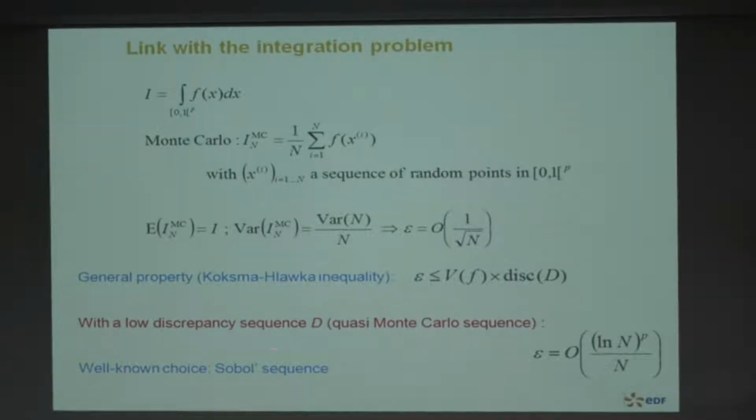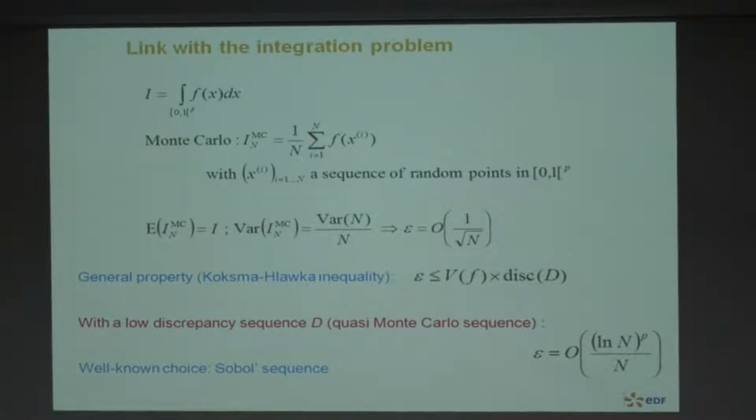What we know is that when we have a low discrepancy sequence, we have this. So you see that we gain something with respect to this. Here we have 1 over square root of n, and here we have log n powered by p divided by n. And so this is smaller than this. The rate of convergence is larger than this one.